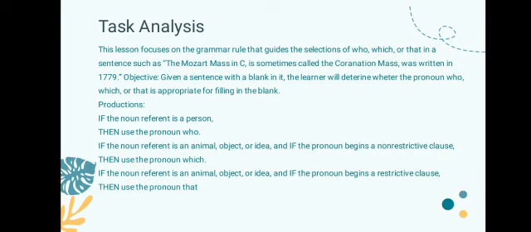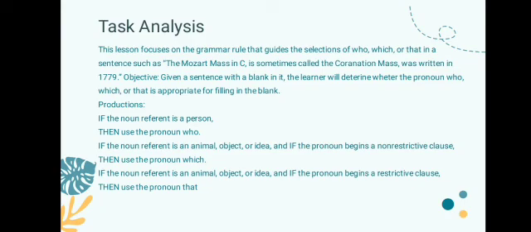1779. Objective: given a sentence with a blank in it, the learner will determine whether the pronoun who, which, or that is appropriate for filling in the blank. Production: if the noun referent is a person, then use the pronoun who.